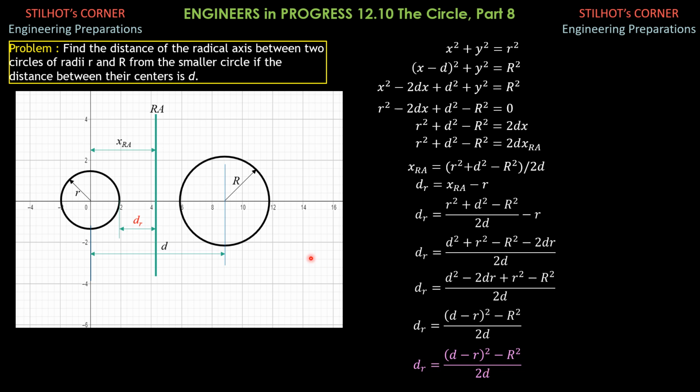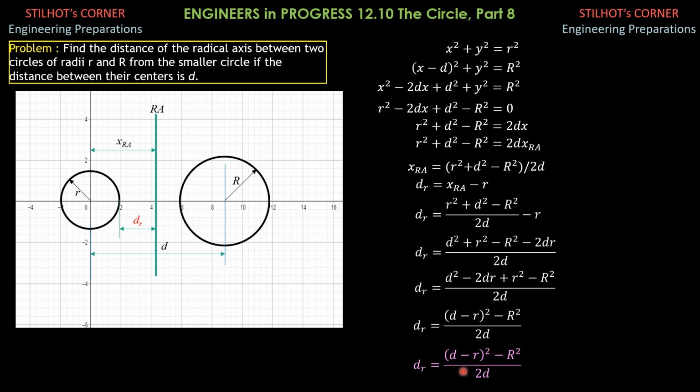Now, if you want to find the distance of the radical axis from the bigger circle, which is this distance, then it is equal to the distance of the radical axis from the center, which is equal to d minus x sub ra, which is this, then minus the bigger radius.